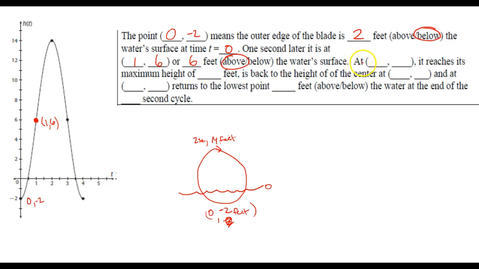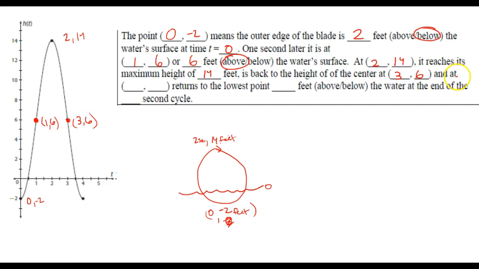And then it says at the next point, which is (2, 14), it'll reach a maximum height of about 14 feet, and then it starts making its way back down after that.